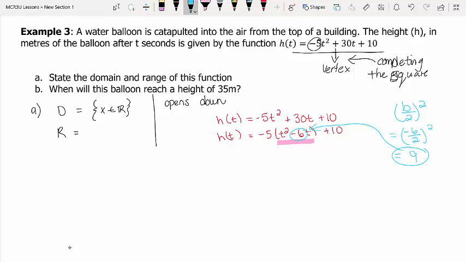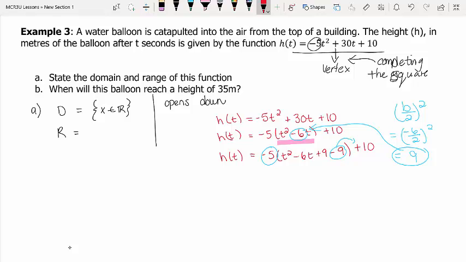Okay, but we're going to add 9 and subtract 9 because it's not really changing the problem. You're essentially adding 0, just in two pieces. Because if we just added in plus 9, that would change the entire function. Okay, now we're going to remove the minus 9 from inside of the brackets by multiplying it by this coefficient.